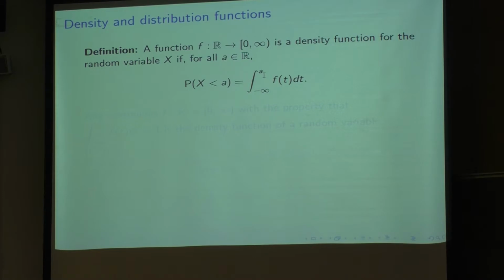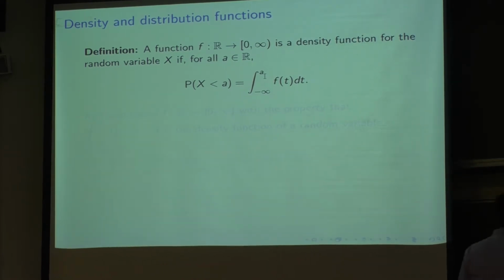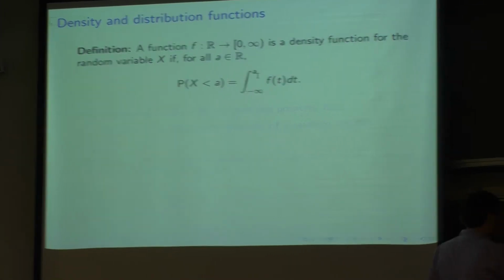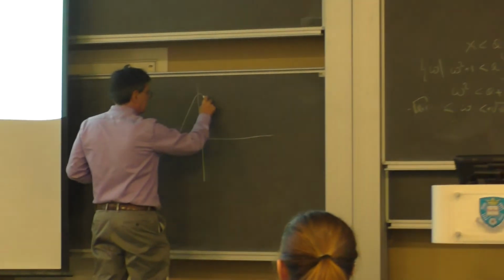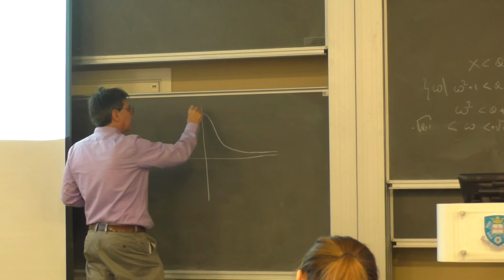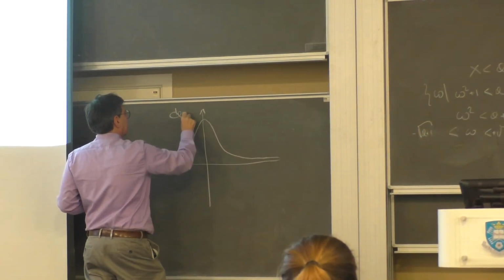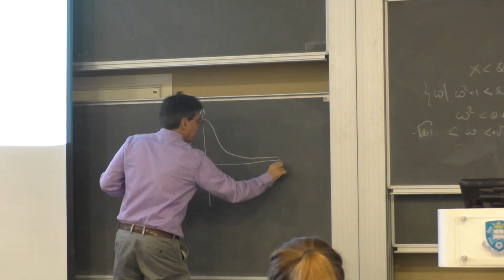Okay? So what does it look like? It looks like this. Let's take, for those of you who know, a normally distributed random variable, which is going to have some density function of this form. So here is going to be the density axis, and here is going to be an x.